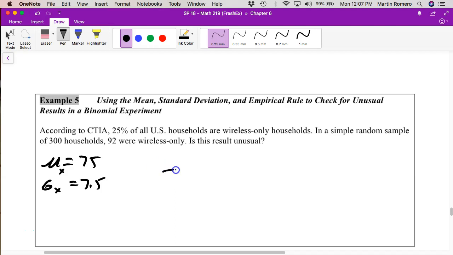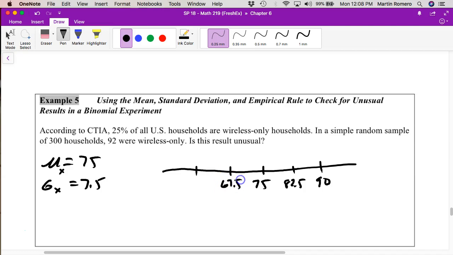So we have these values, and it's kind of like outliers. We have the mean in the middle, there's your 75, and then we have 1 standard deviation and 2 standard deviations. We've done this before. Adding 7.5 gives 82.5, and this is going to be 90. Subtracting gives 67.5, and this is 60.